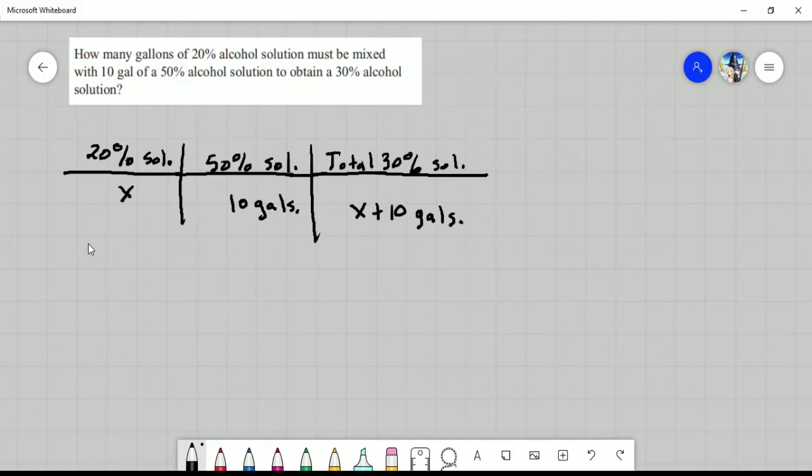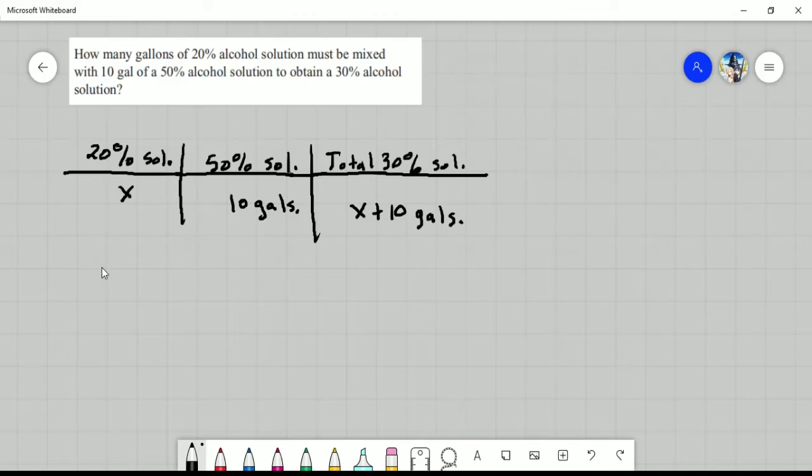So first piece, how many gallons? So that's unknown. So an unknown amount of gallons multiplied to the percentage that's in it, 20%. So there is 20% of alcohol solution of however many gallons.